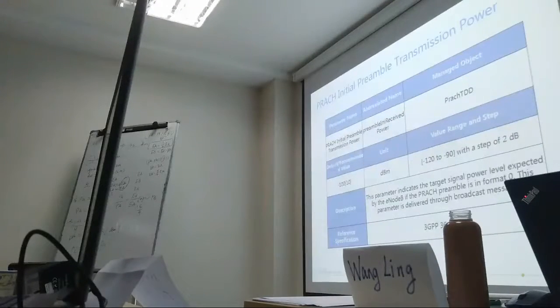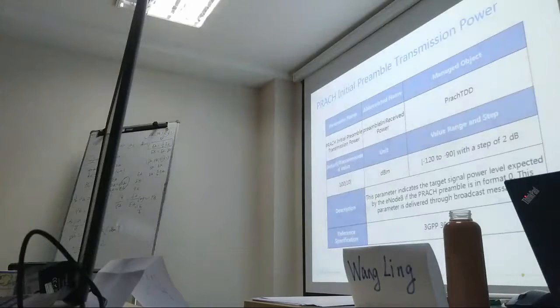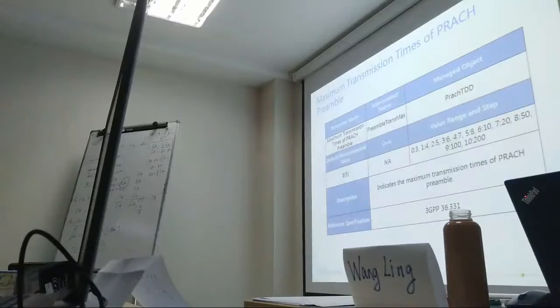So let's see the parameters. This initial preamble transmission power is similar to the PO, the initial node B set wanted power. This value adds the retransmit and the path loss. So we should define how many times the preamble can transmit. So we define a maximum transmission times.